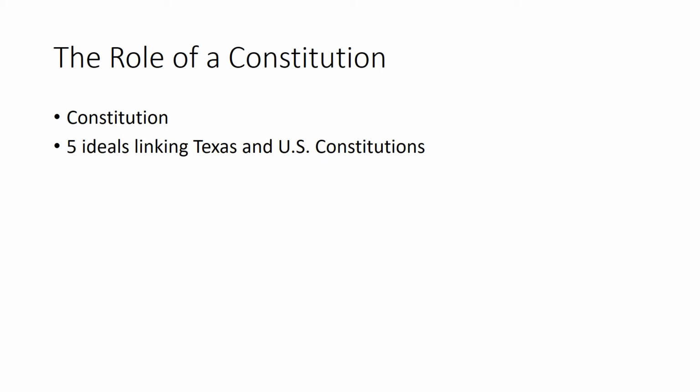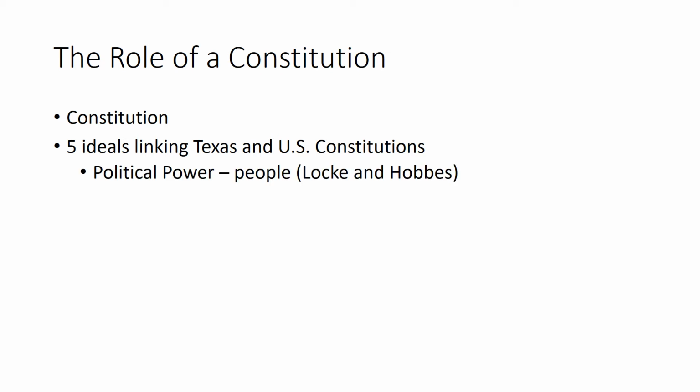There are 5 ideals which link the Texas and American constitutions. The first one is political power. Political power is derived from the people. If we look to Locke and Hobbes, who were political theorists, we would see our social contract theory.